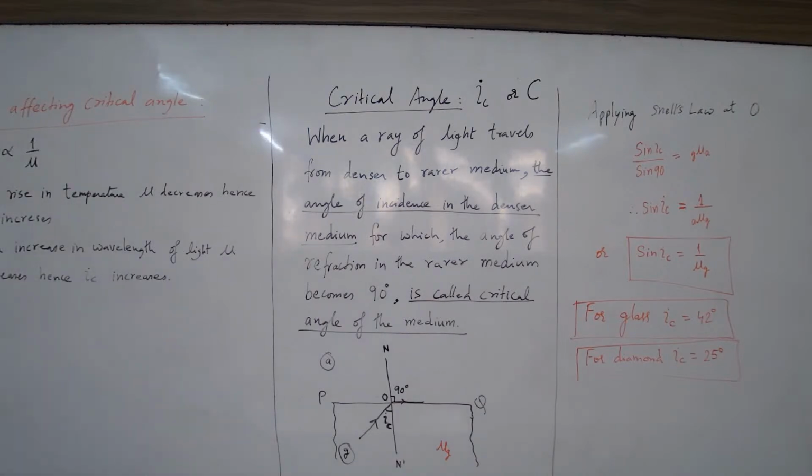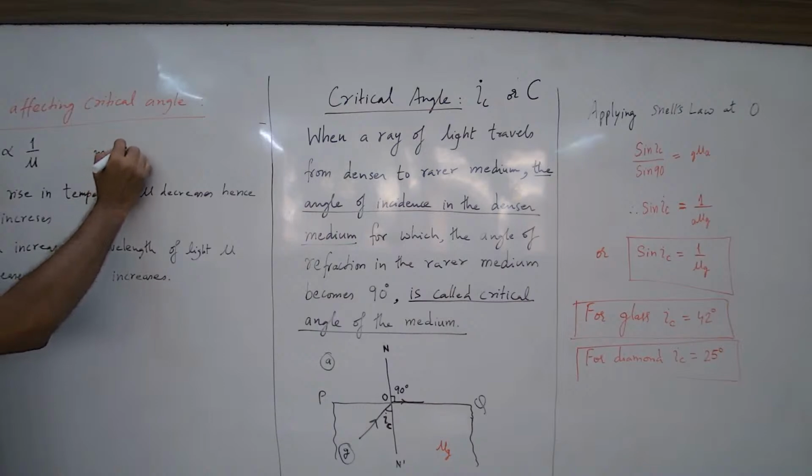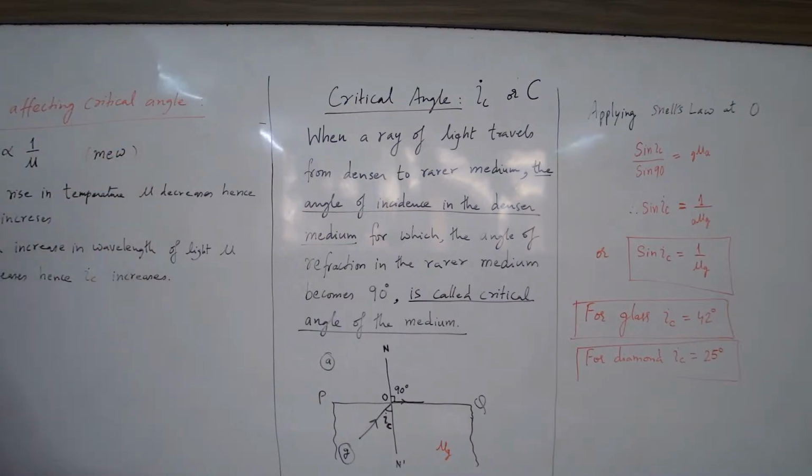Sir? Yes. Sir, that is mu. 1 upon mu. Yeah, 1 upon mu. Meow wala mu hai. It is pronounced as mu. और वो है क्या?